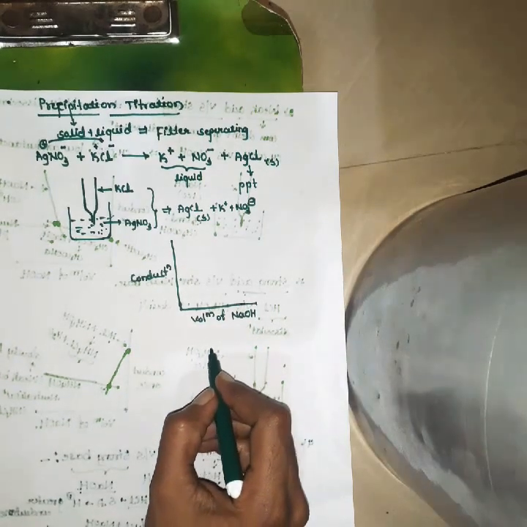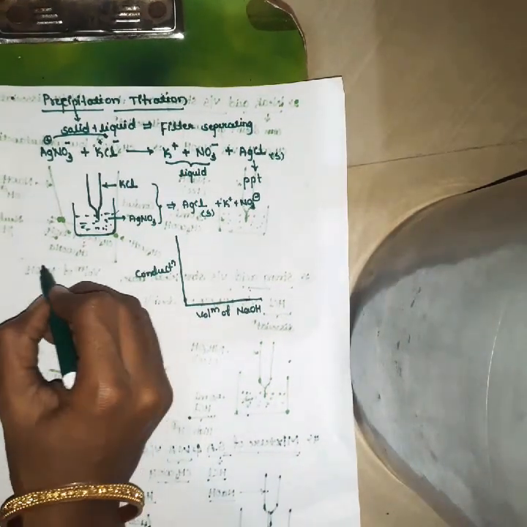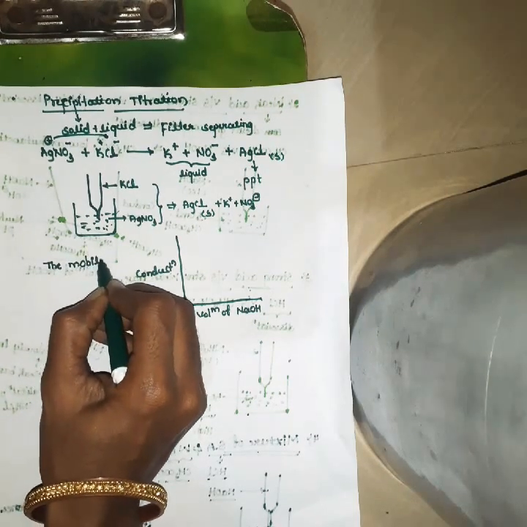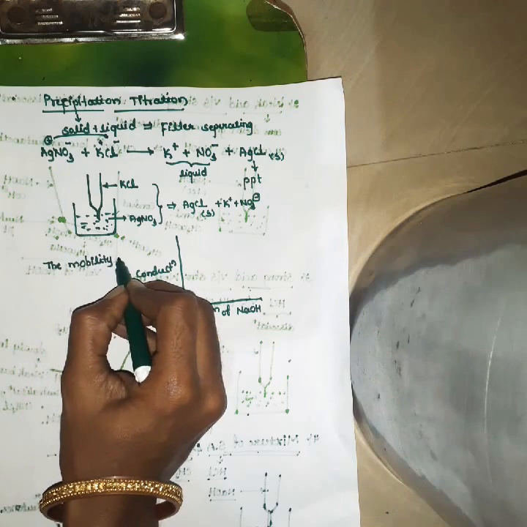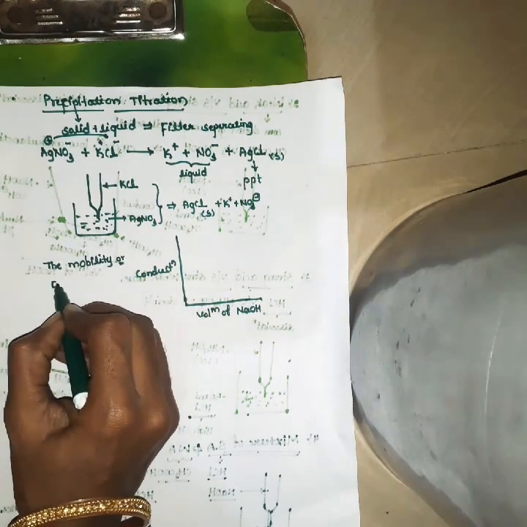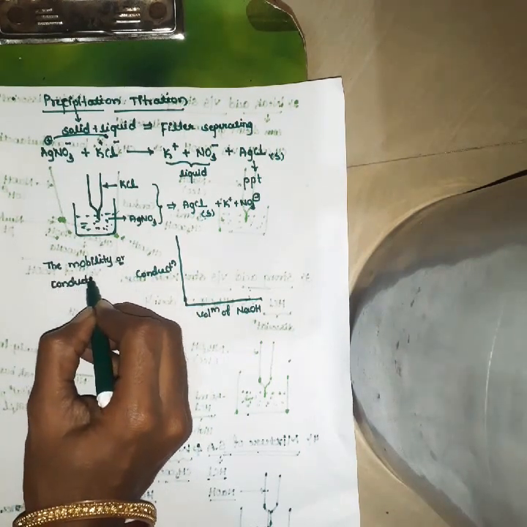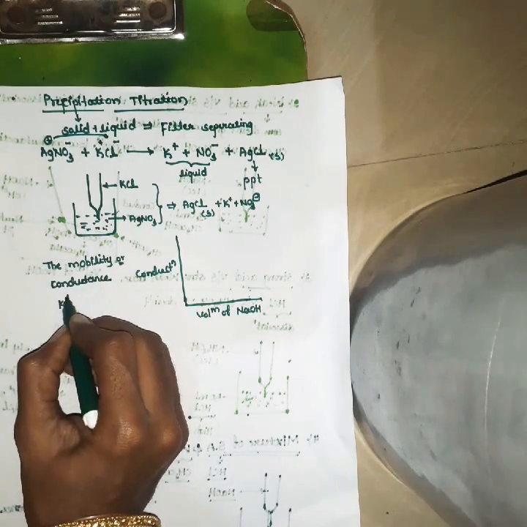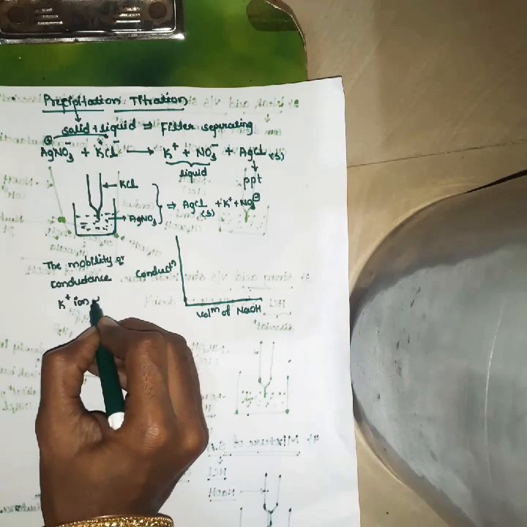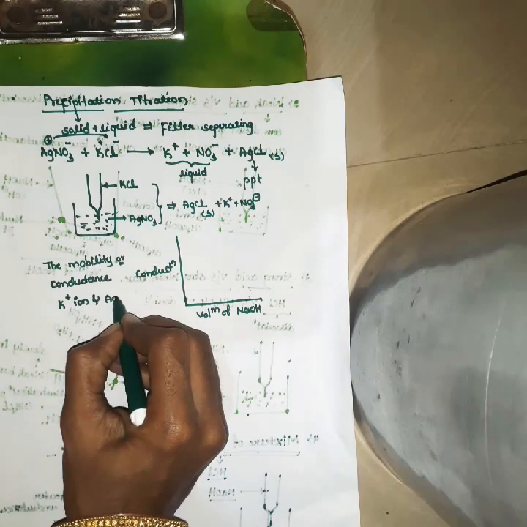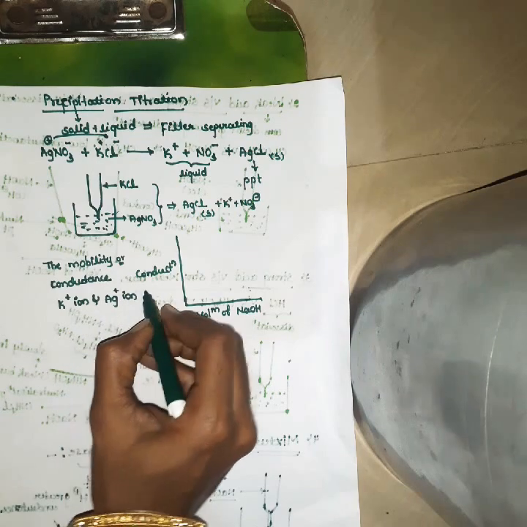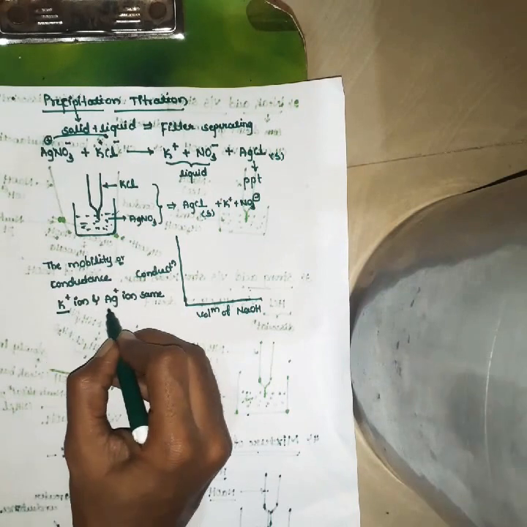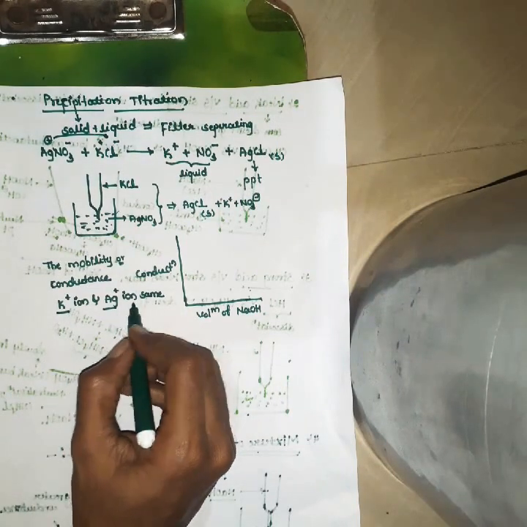What happens? The mobility or conductance of the potassium ion, K plus, and the Ag plus ion is nearly the same.